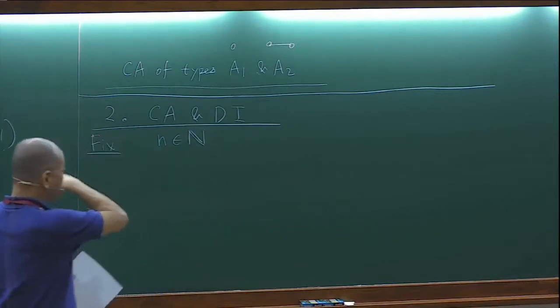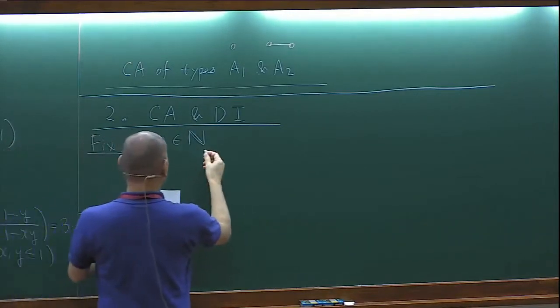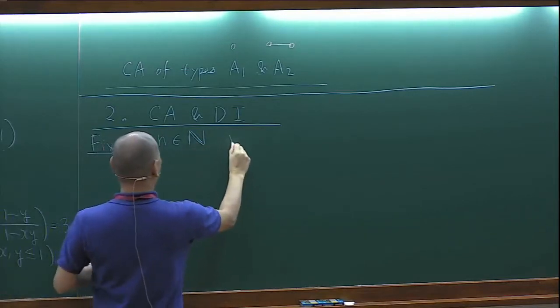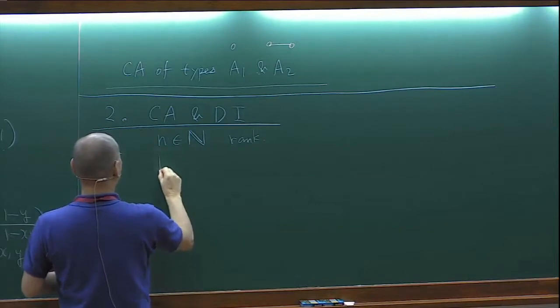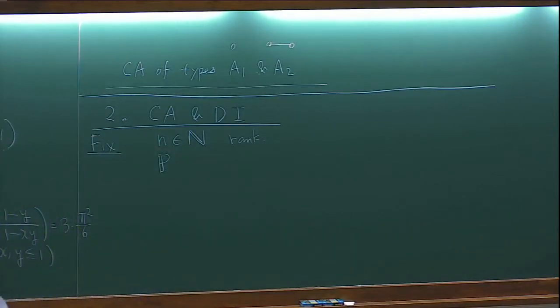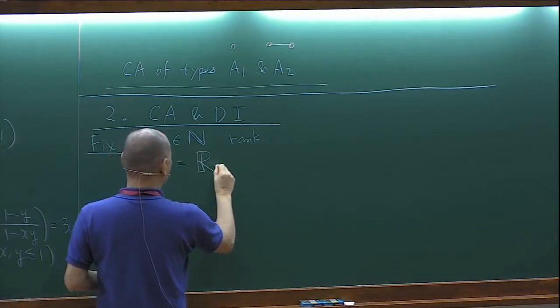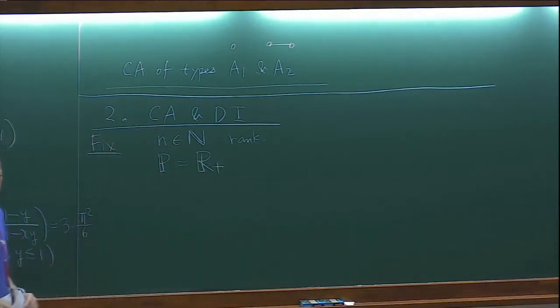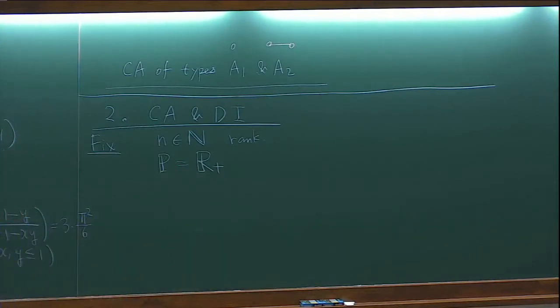To define a cluster pattern, you first fix a natural number called the rank of a cluster pattern, and also a semifield P. What is relevant to our problem is just the semifield of positive real numbers. That is very, very useful.